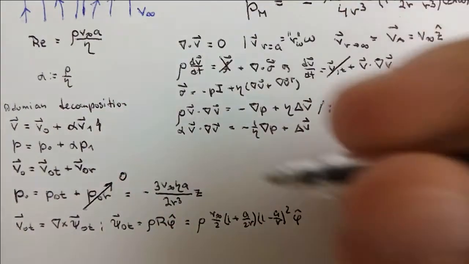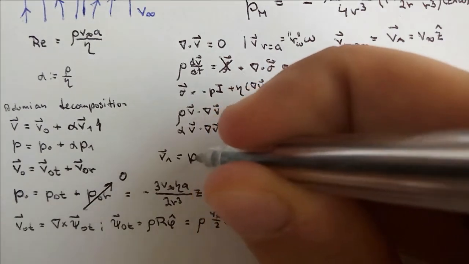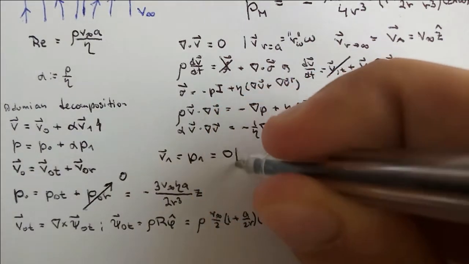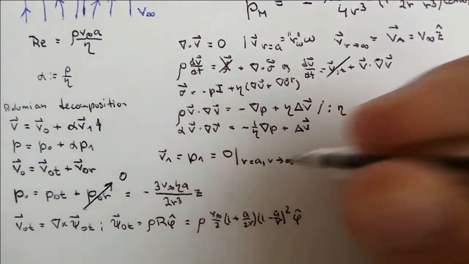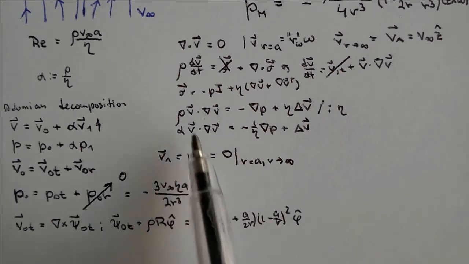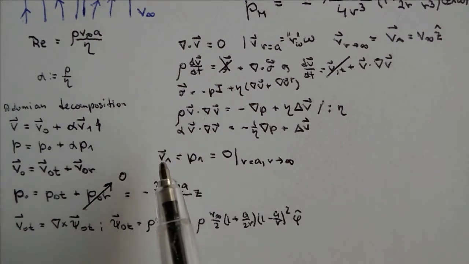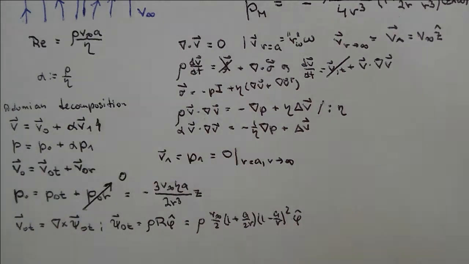V1 and P1 are 0 at r equal to a, and as r approaches infinity they have to vanish too. These are the boundary conditions for the V1 vector field and the P1 scalar field.